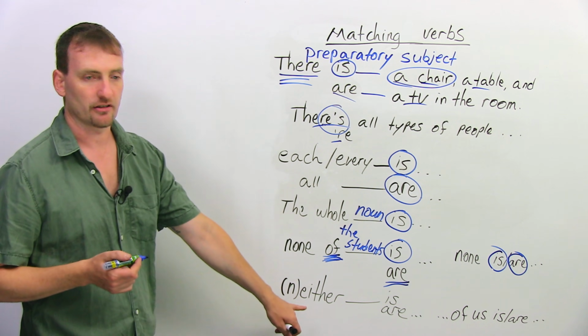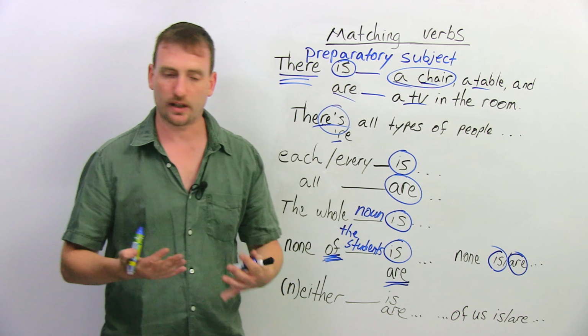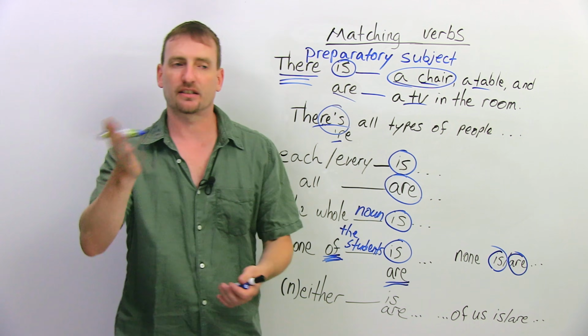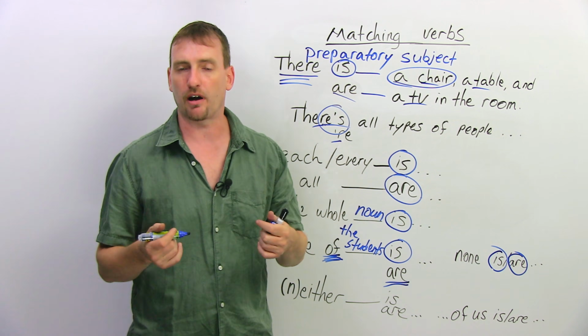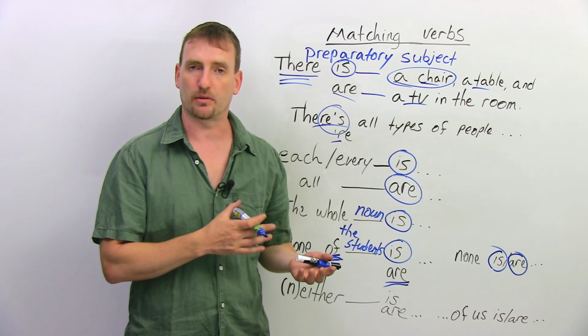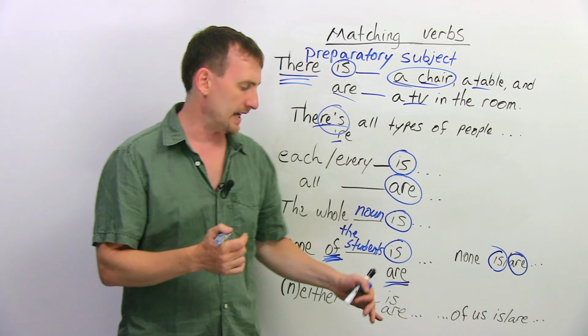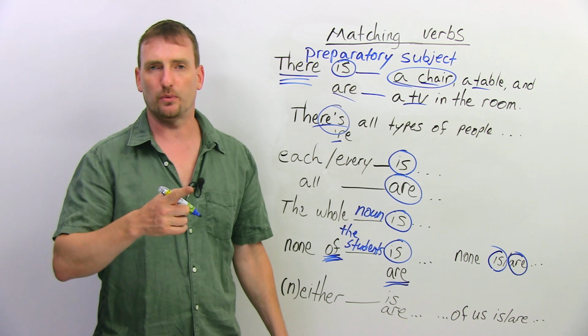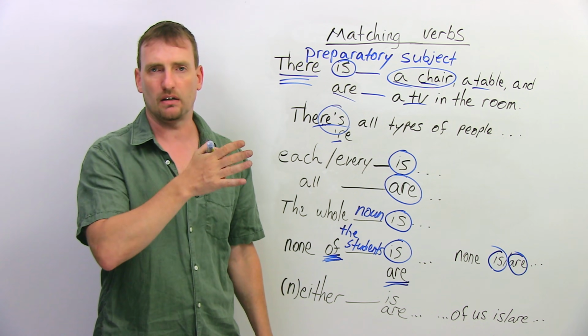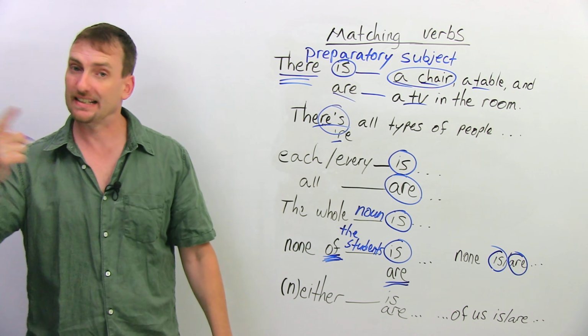And same with neither or either. Neither is or are. Again, spoken English, neither. I asked the two of them to come to the party, but neither is available. Neither are available. Neither is coming, neither are coming. And I know that only one of them will come, but I don't know if it's either her or him that is going to come. Singular.